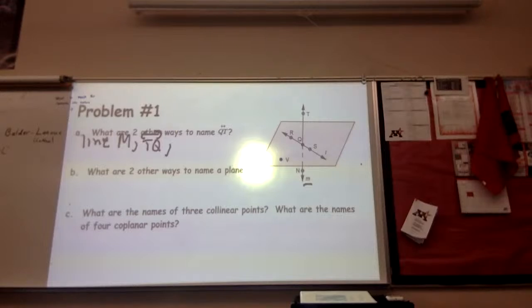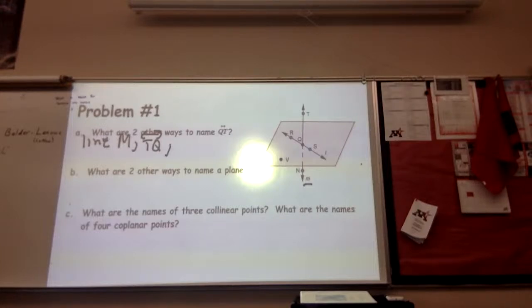So now let's look at B. What are two other ways to name a plane P? For you to name the plane P, how many points must you include? You remember from that last page? 3 points. You have to include 3 points to name the plane.